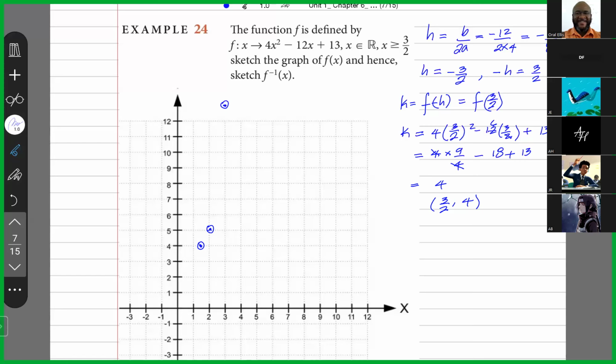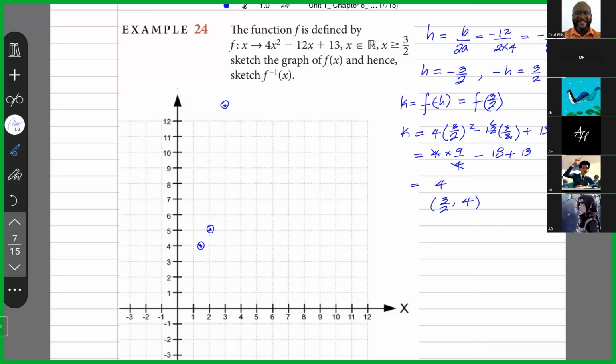So all I did in order to draw this graph was get some points. I started with the minimum turning point, which is 3 over 2, 4. Then I said 3 over 2 is 1.5. Then I found y when x is equal to 2, which is 5.